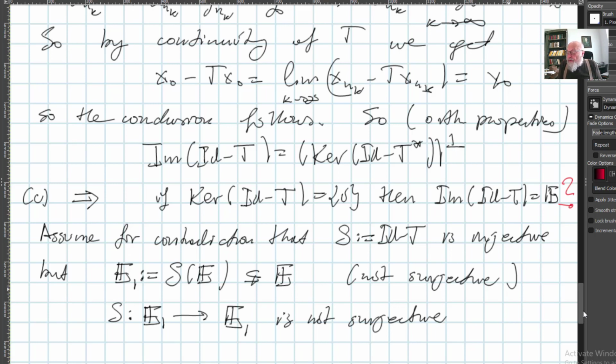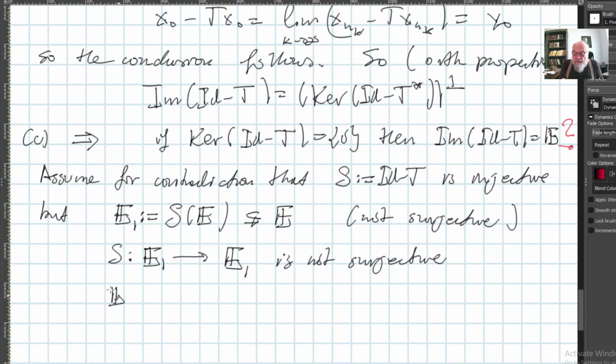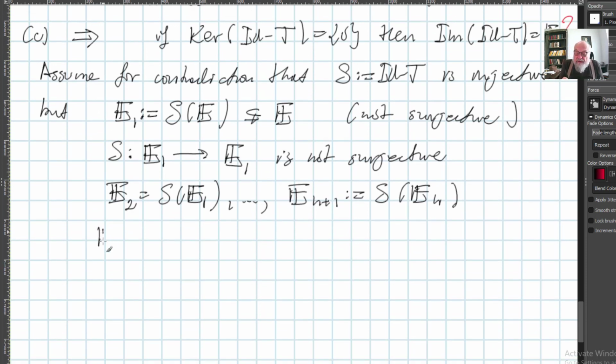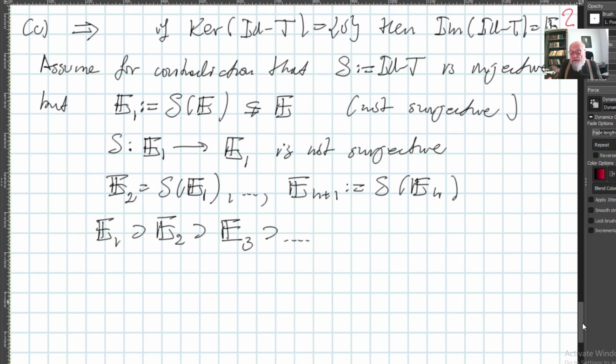So we can put here that E2 is equal to S of E1, and we define E(n+1) by the definition to be S of En, and we get a sequence of subspaces that looks like this. Here we have E1, this contains E2, this contains E3, and so on.